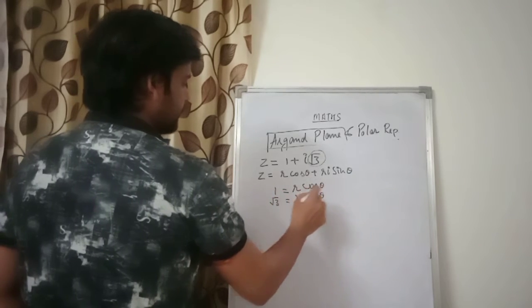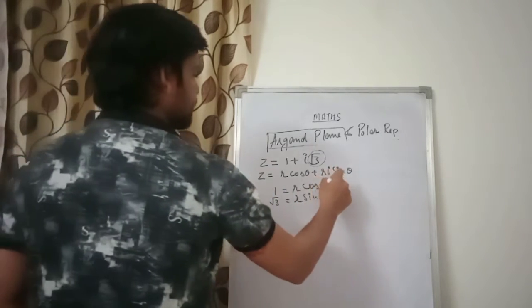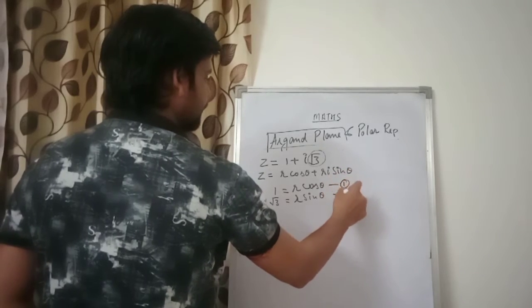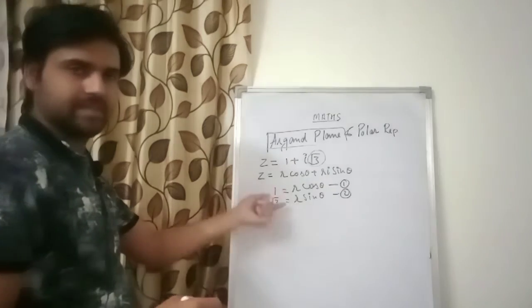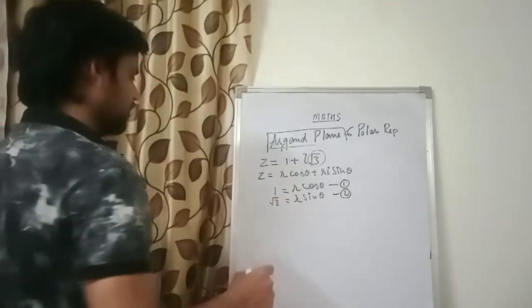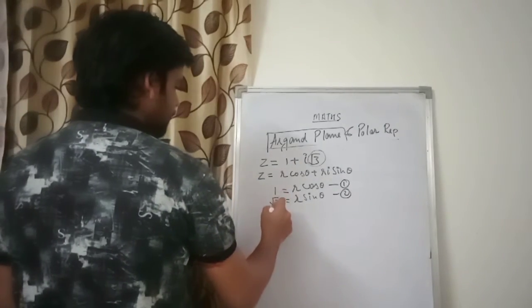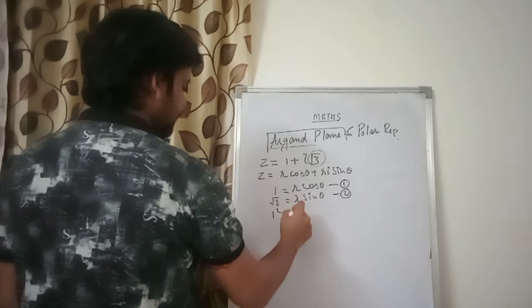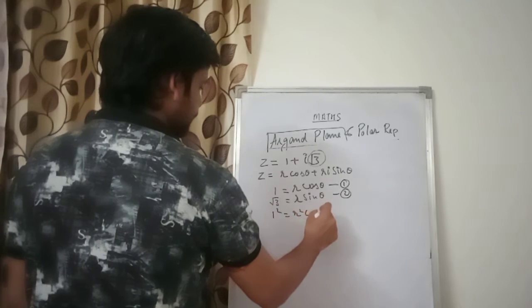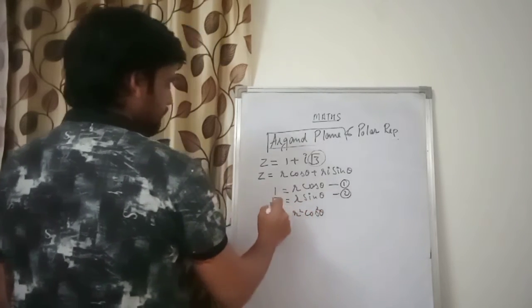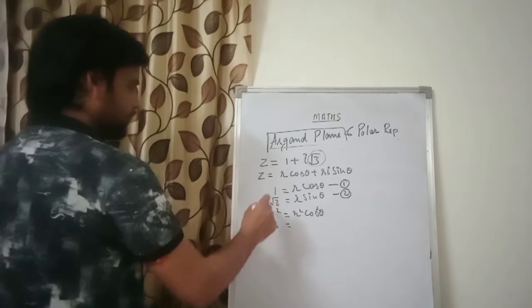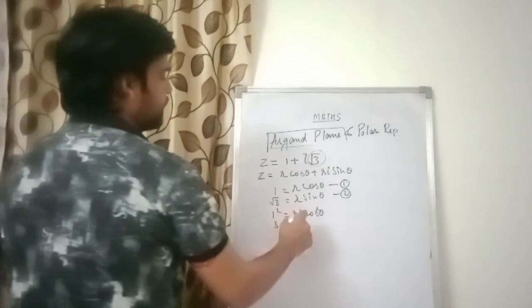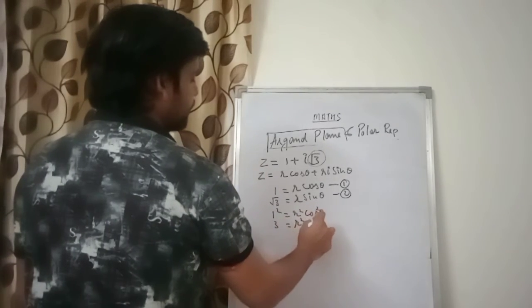Now how to find this r? Let's say this is equation 1, this is equation 2. We will square both sides and add both the equations. Squaring both sides, I get 1 square equals r square cos square theta. Here also, squaring both sides, root 3 square is 3, equals r square sin square theta.